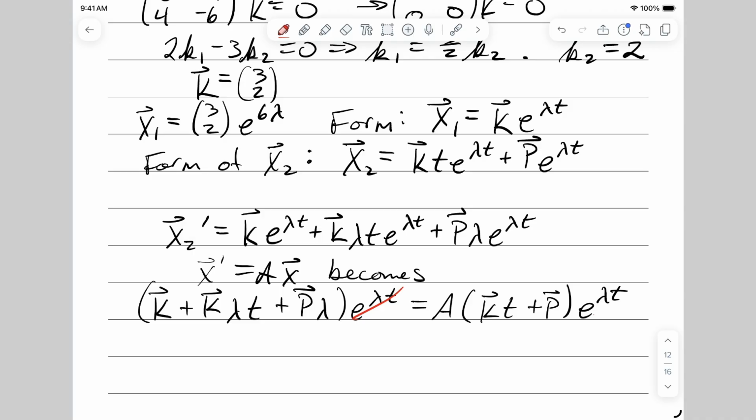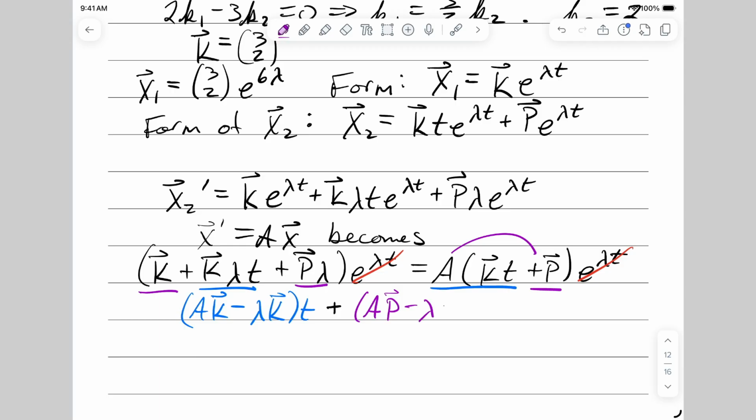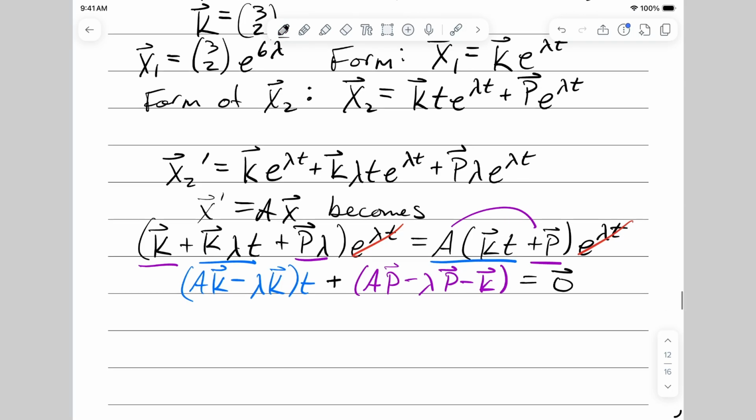We can drop the e to the lambda t's, and getting everything on the same side and putting like terms together, we have (Ak minus lambda k) times t plus all the terms that don't have t in them, remembering to distribute, the quantity Ap minus lambda p minus k is equal to the 0 vector.